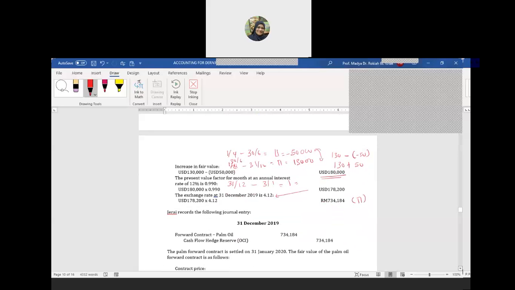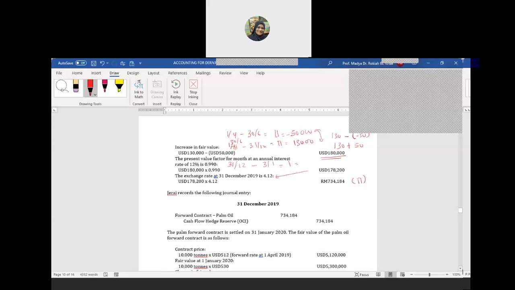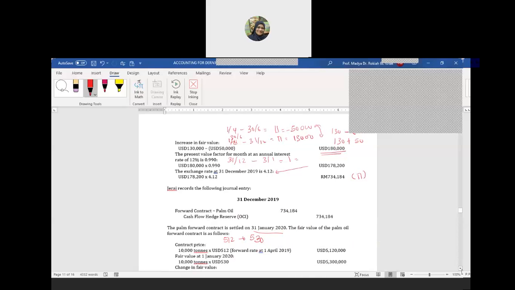Okay, on 31st of January, what will be the fair value of the palm oil forward? The fair value of the palm oil forward now becomes 530. As compared with 512, from 512 to 530, the increment that we have here is 18, isn't it?